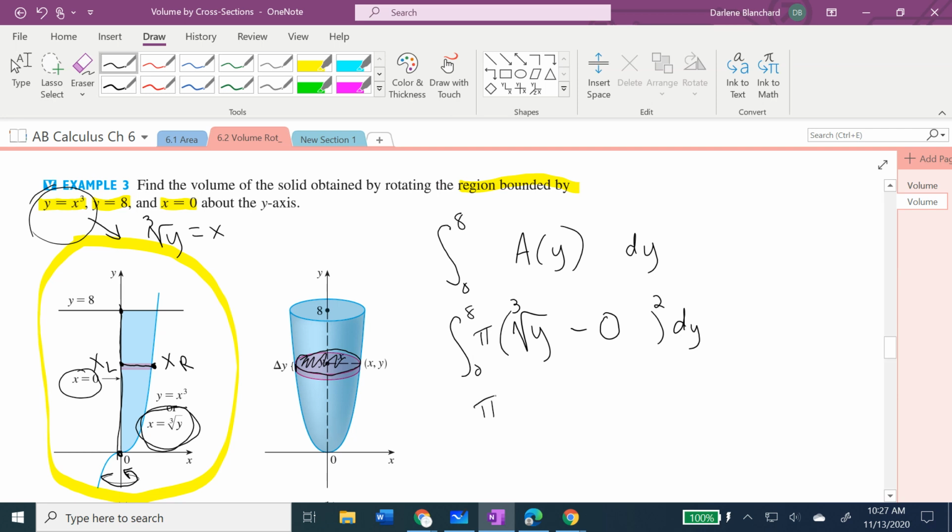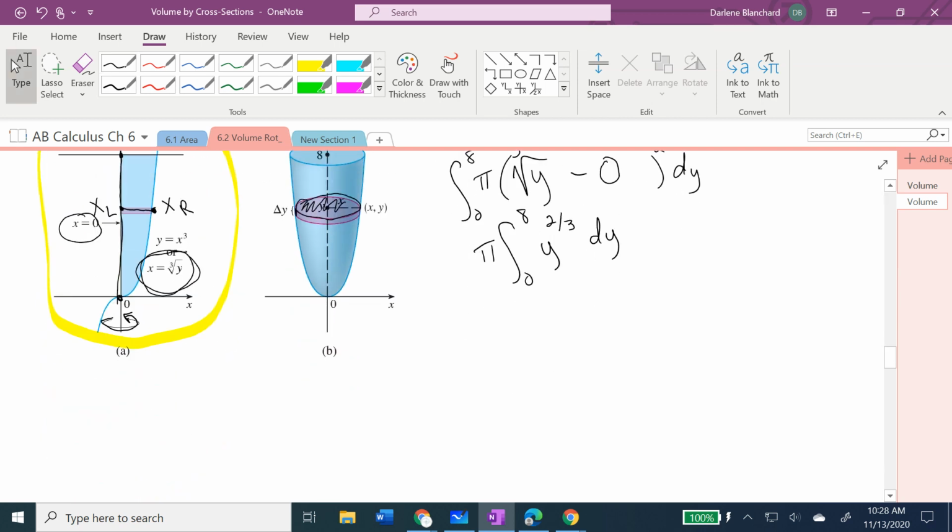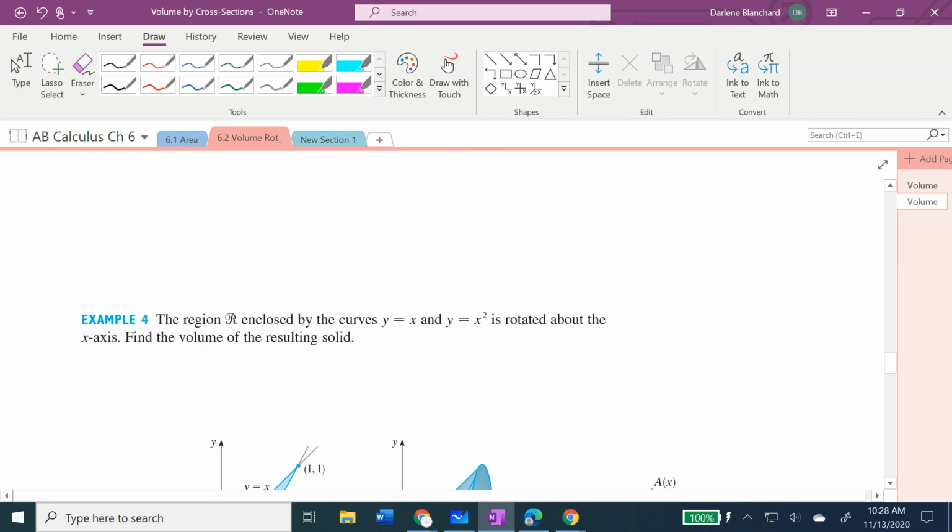So like bring the pi outside to make life easier. Change this to y to the 2/3 power dy, and you're ready for integration. Power rule it out, and then you've got an answer. Is this exciting? I think it's fun, but I'm also a math teacher, so.